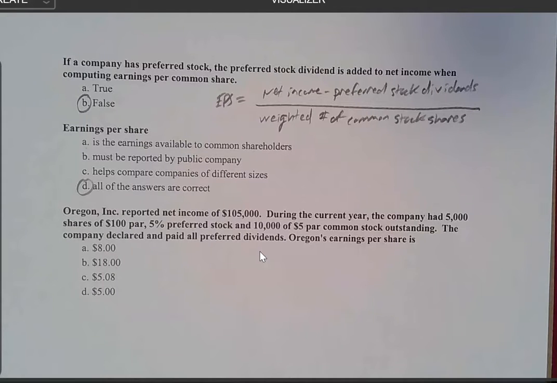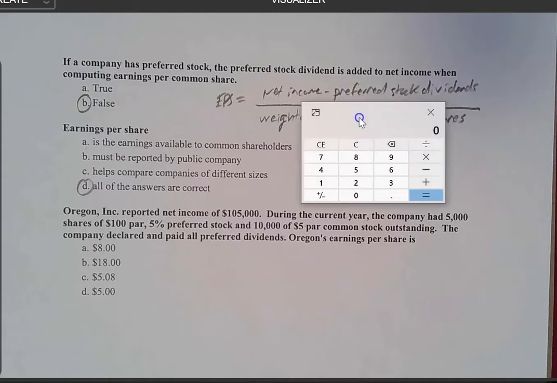The company declared and paid all preferred dividends. That makes things a lot easier. Oregon's earnings per share is, so looks like we're going to need our calculator. So let's bring that over here.